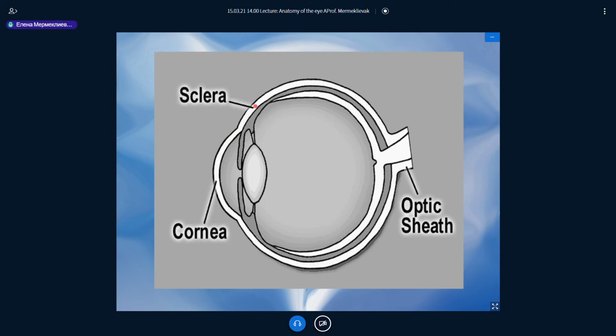Again, cornea, and after that is the sclera. The thinnest part of the sclera is here, where the nerve fibers cross the sclera and form the optic disc and the optic nerve.